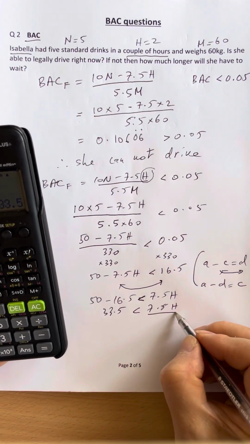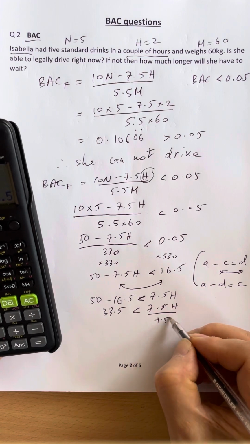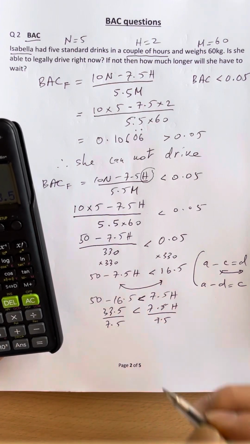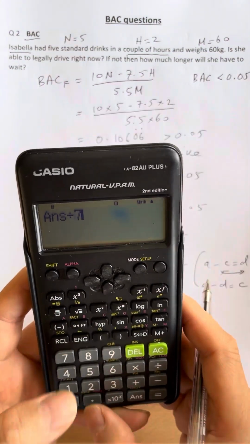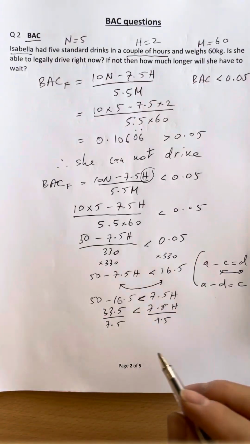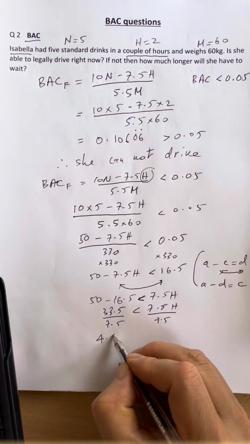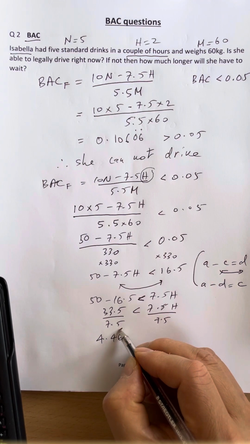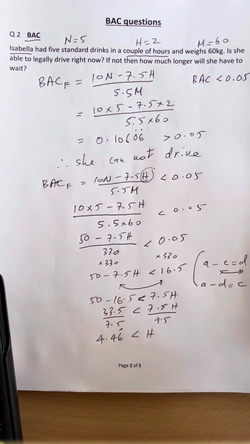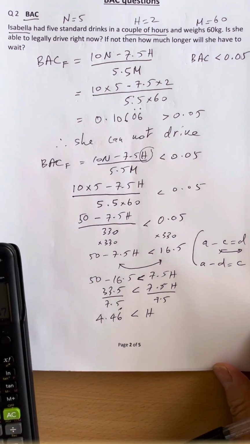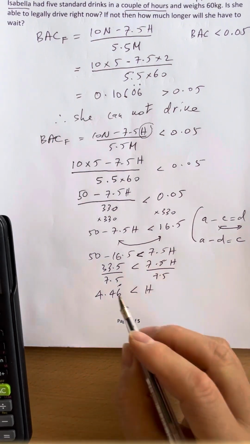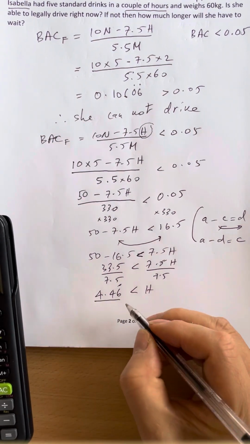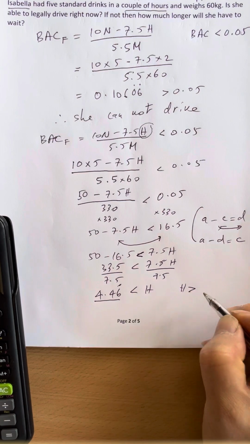And then you divide both sides by 7.5, and you get 4.46 recurring. So 4.46 recurring is less than h, which means that h is going to be greater than.